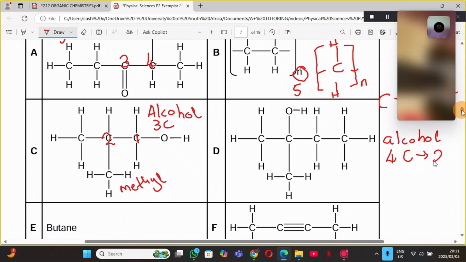Position 2. Okay. And do you have any branches? Yes, also on position 2. And it's a methyl. So everything is on position 2 and it's also a methyl. Okay.